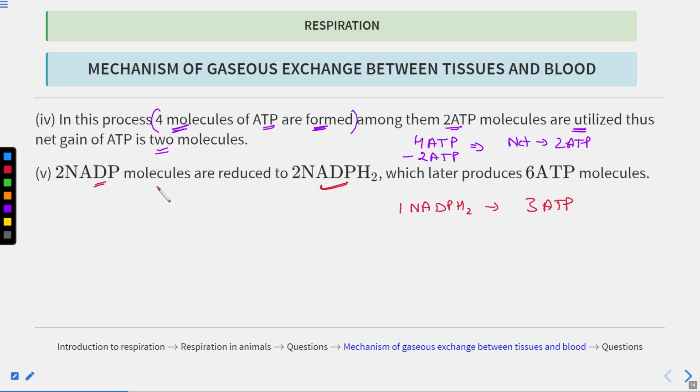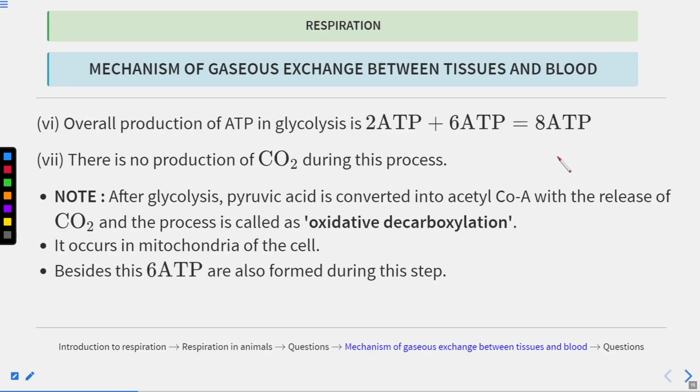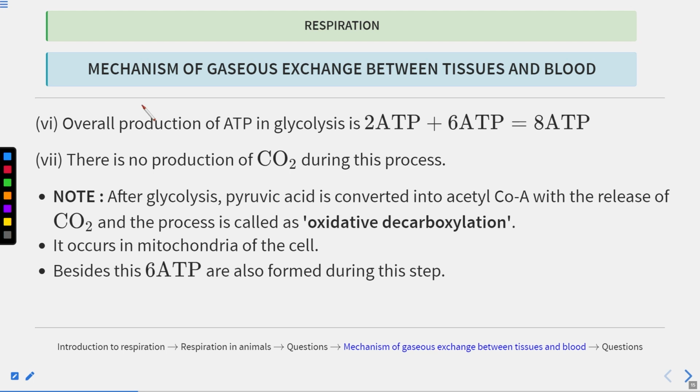So here 2 molecules of NADPH2 are formed, and this will give rise to 6 ATP. So in total, how many ATP? 6 plus 2, 8 ATP will be generated by the process of glycolysis. So the overall production of ATP will be 2 ATP plus 6 ATP, where these 6 ATP are coming from NADPH2. And in total, 8 ATP are produced during glycolysis.